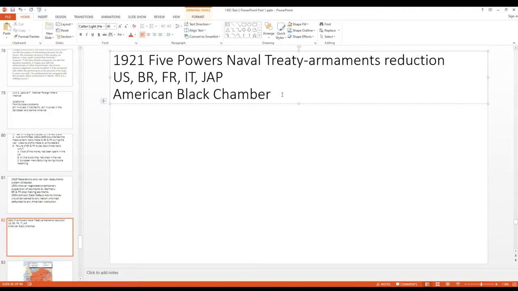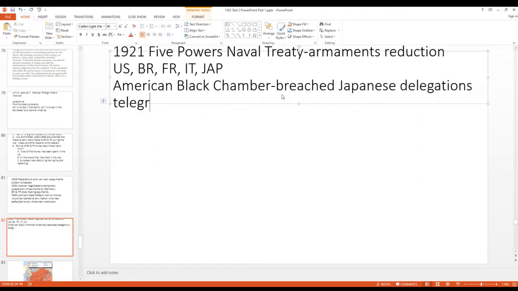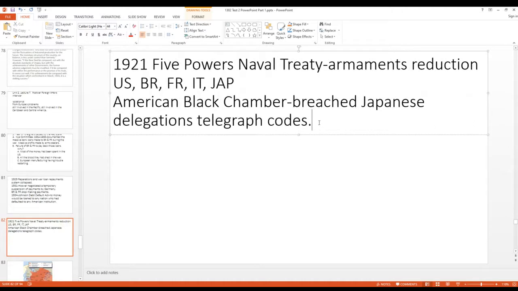And so the United States was able to know how far we could push the Japanese because we were essentially reading their messages from Washington, D.C. back to Tokyo. So we knew how far we could push the Japanese before they would quit.